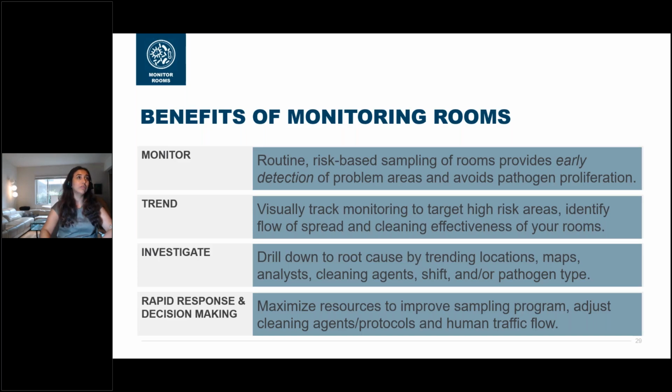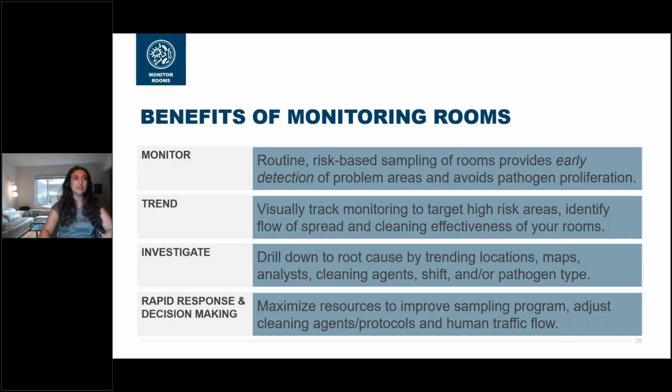The system provides early detection of problem areas and prevents pathogen proliferation before it becomes an issue. So we're visually tracking and trending those high-risk areas. We're looking at the flow of spread, what areas would be most likely to be effective in order to ensure cleaning effectiveness of your locations.